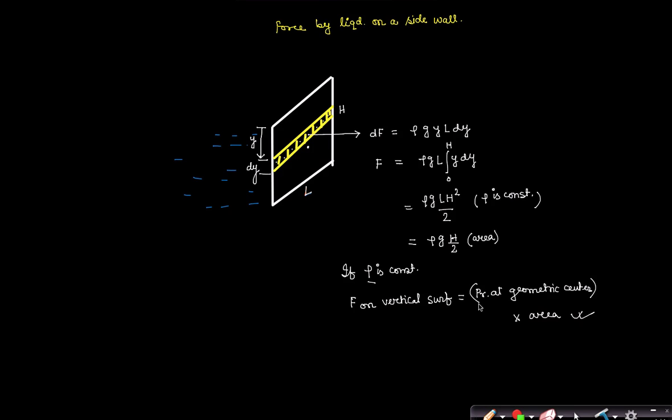Right? Now, if my surface is not vertical, how do I find the force? Suppose my surface is in this way. We have a surface which is inclined with this vertical line, like this.